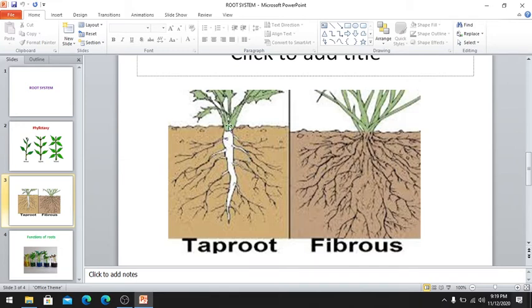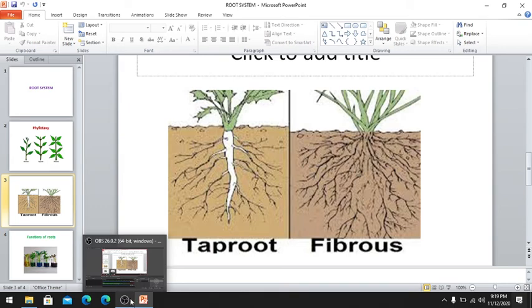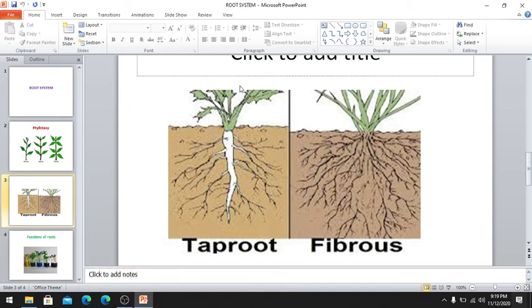By looking at the leaf, if the plant has reticulate venation, then that plant is having taproot system.